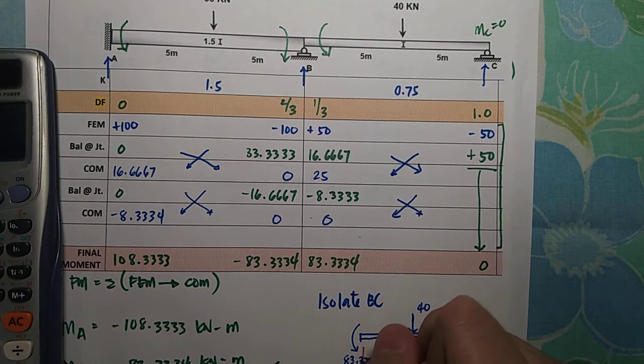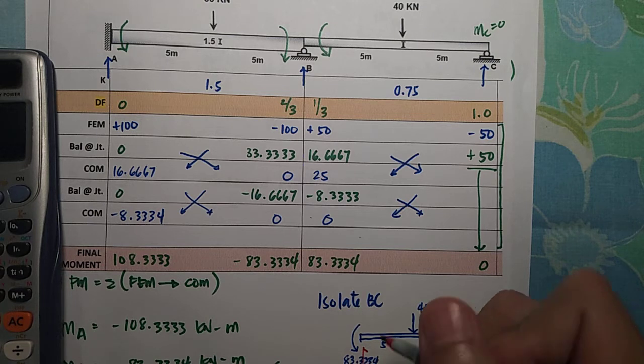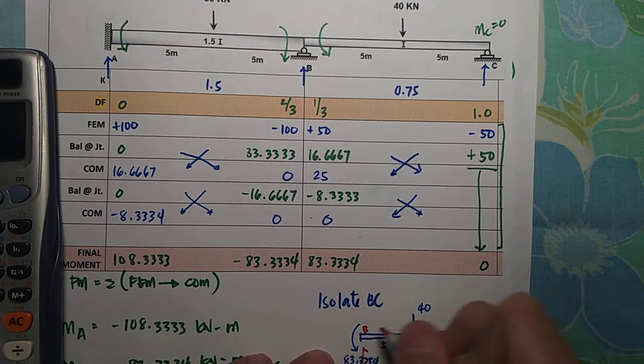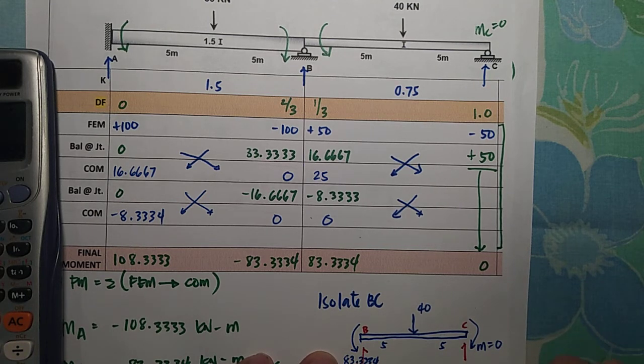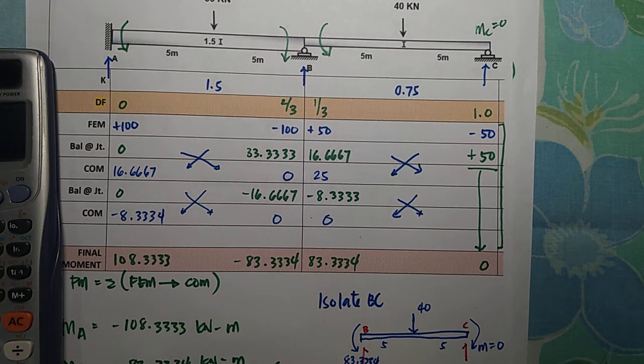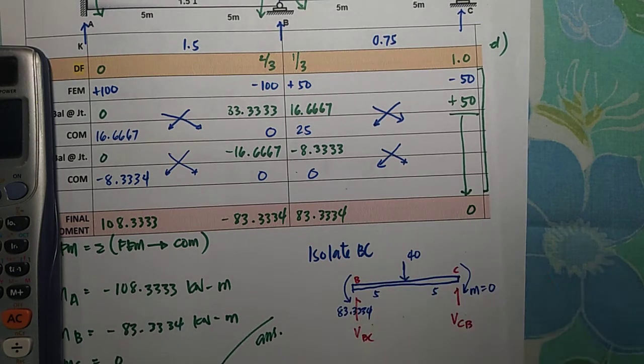Tapos may shear ako dito. Ito yung shear sa BC. Tapos yung shear dito sa CB. Okay? So, pagka nag-summation ako ng moment sa B equal to 0.